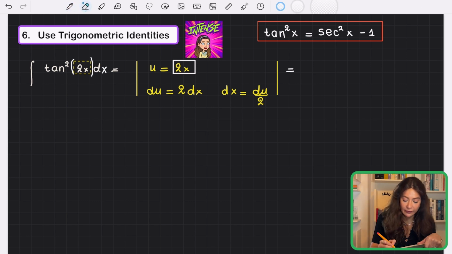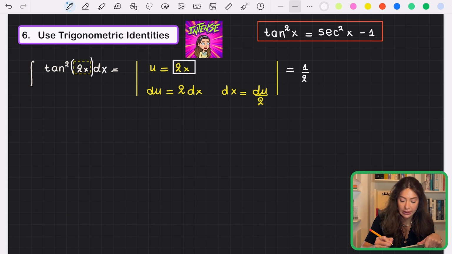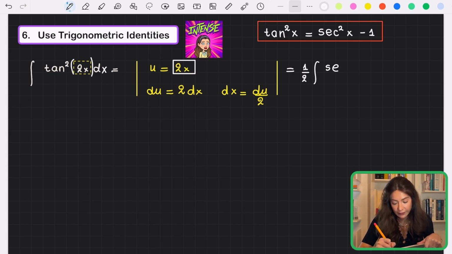And I have du here, so this is 1 over 2, so I'm going to write 1 over 2 here outside of the integral because I don't like to have clutter in the integral, and that is u minus 1 du.